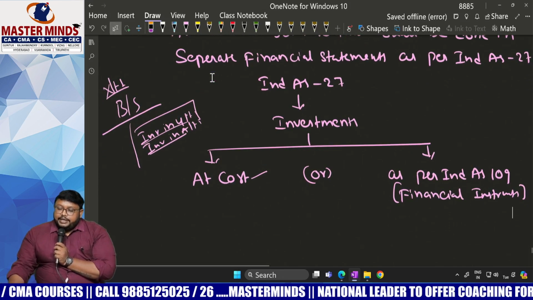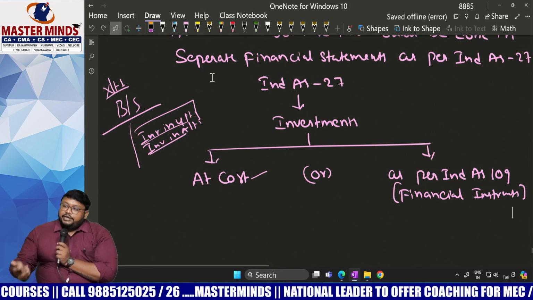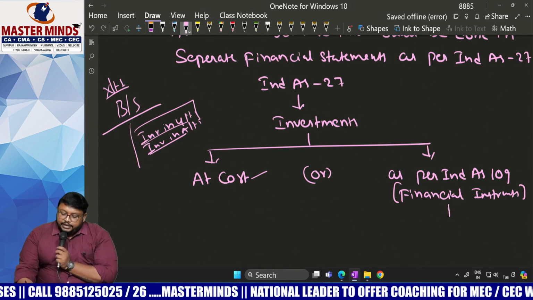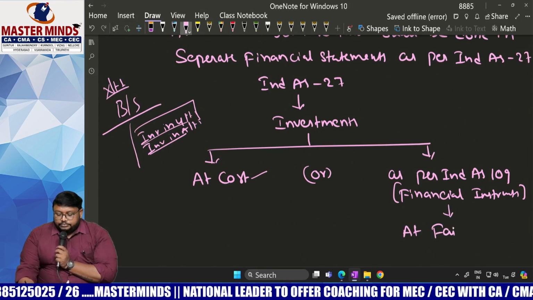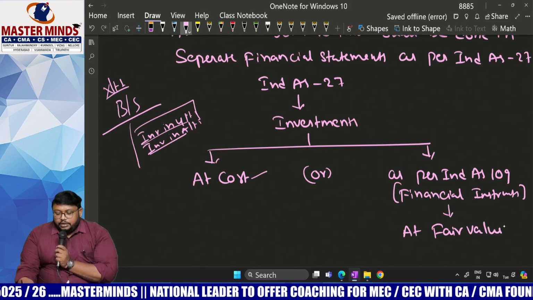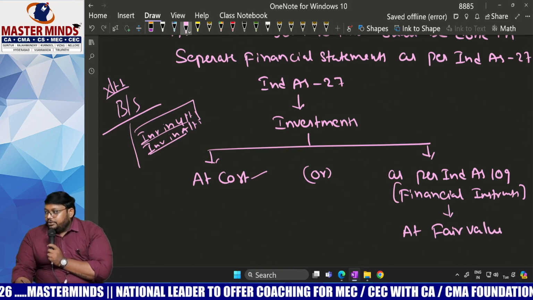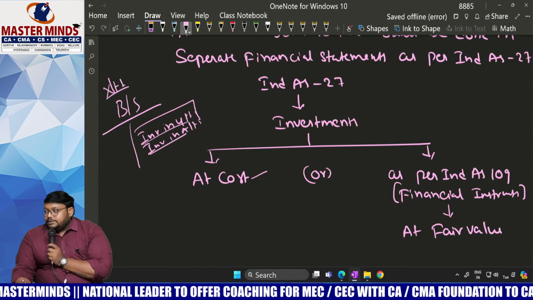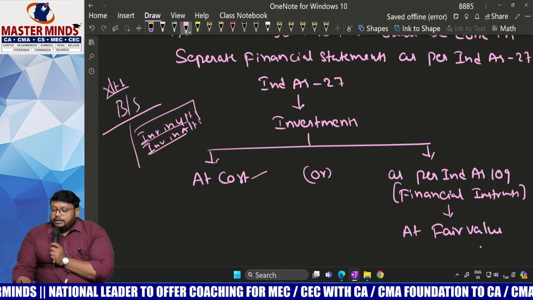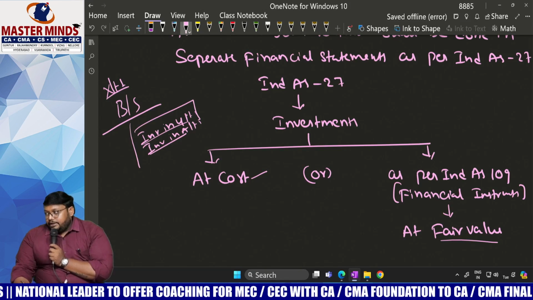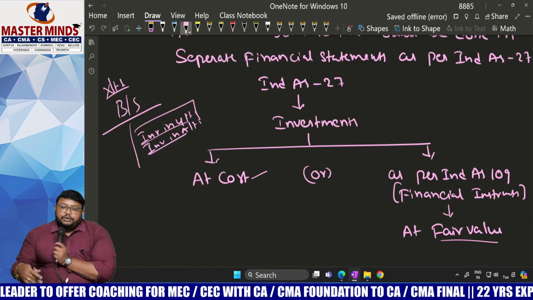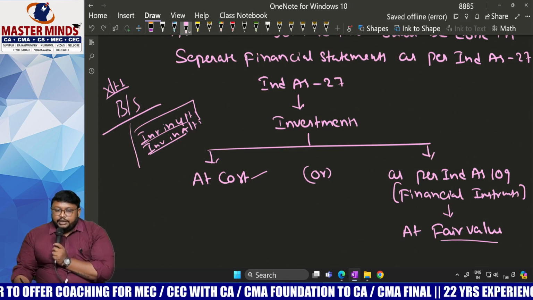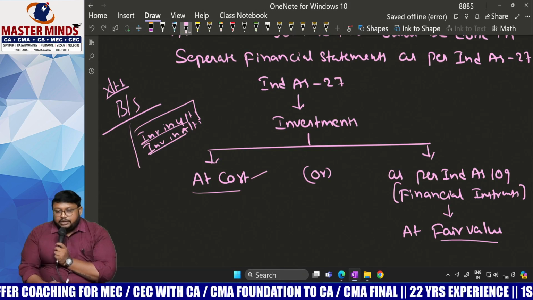When some conditions apply and we are applying Ind AS 109, in such conditions we will record it at fair value. Usually we record at cost value, but when you are following Ind AS 109, sometimes we record at fair value. Okay, so Ind AS 109 says that investment should be recorded at fair value, or otherwise we will record it generally at cost only.